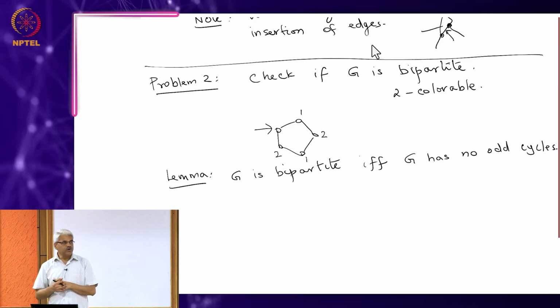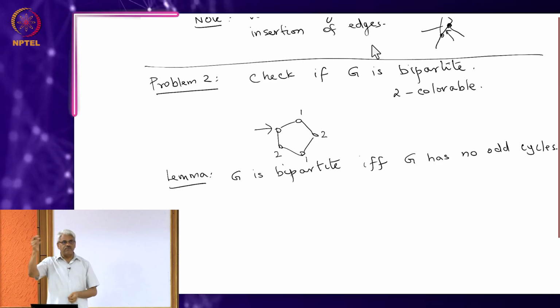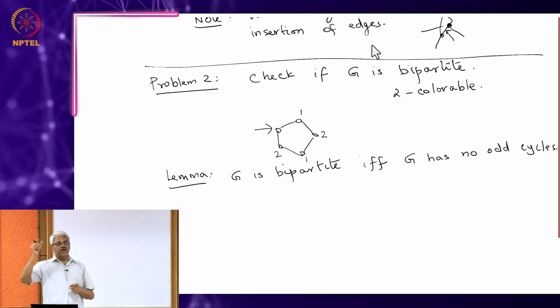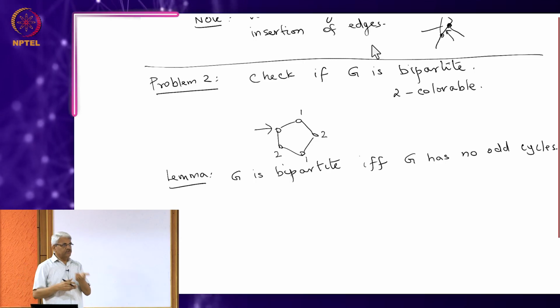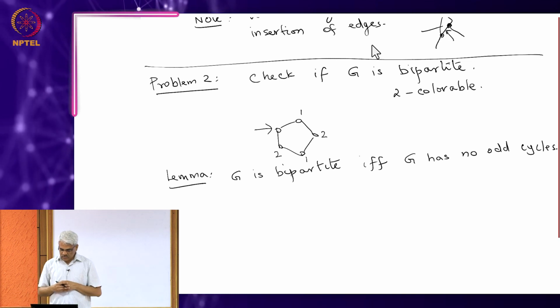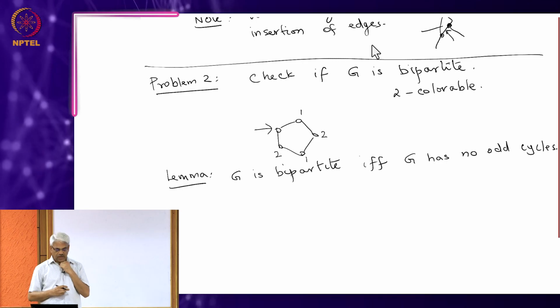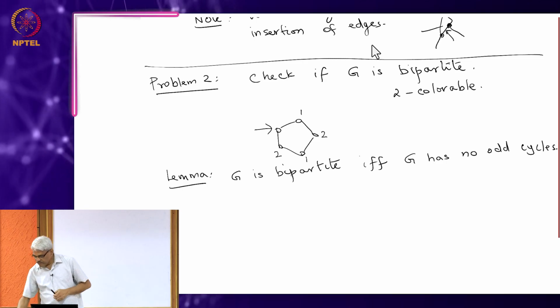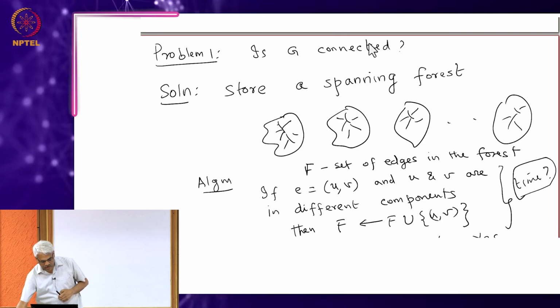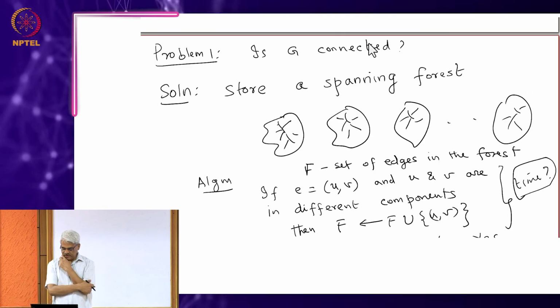Okay, now let us come back to our streaming problem. Edges are coming. What do I store so that when a new edge comes, I can figure out whether or not it is bipartite? Let us come back to the solution we had for connectivity.